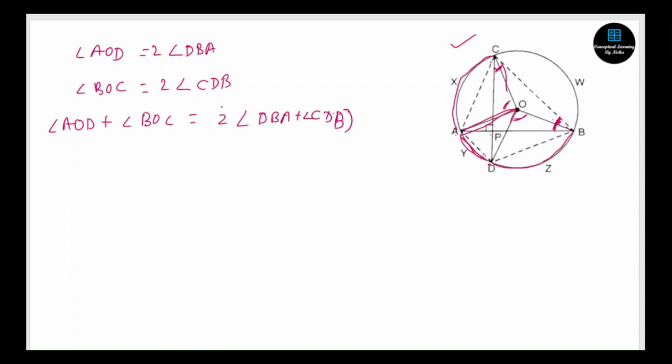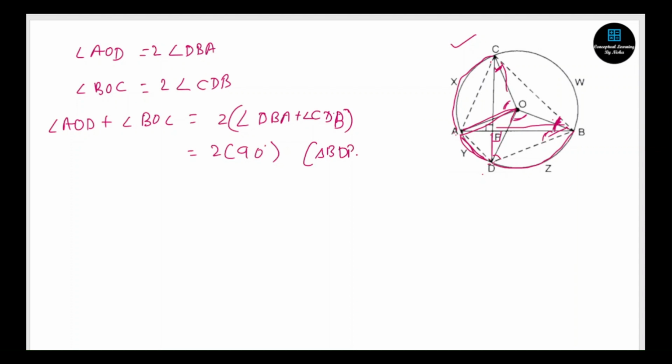Now same way, if I talk about the other triangle, BDP, angle DPB equals 90 degrees. I can write the same reason for this.